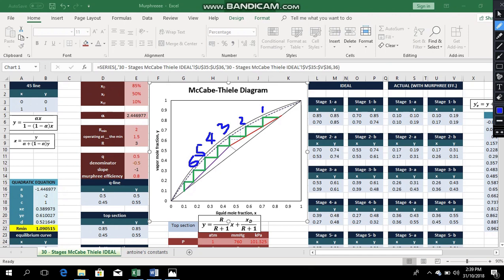And in the last, it is stated in the problem that we have a partial reboiler. So partial, it is included in our counting. This is partial reboiler.